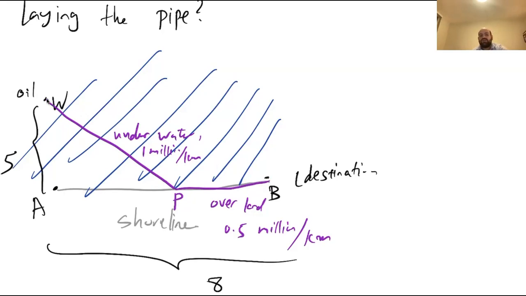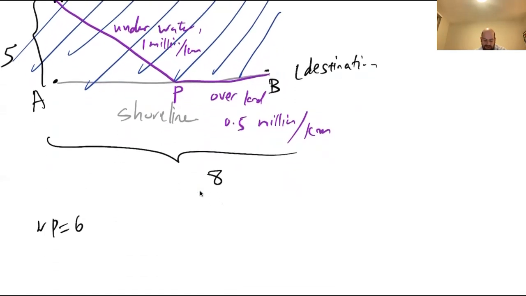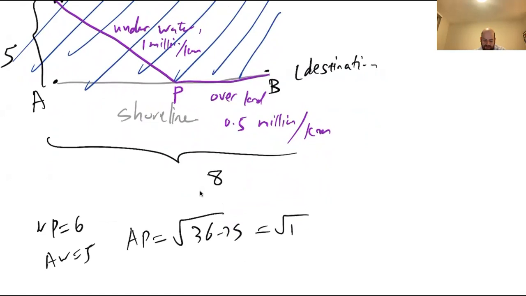So let's say W to P is 6 million, because this is $1 million per kilometer. So then W to P will cost 6 million. And how much will be PB if you want to do a calculation? If WP is 6 and AW is 5, then AP will be root 36 minus 25, which will be root 11.